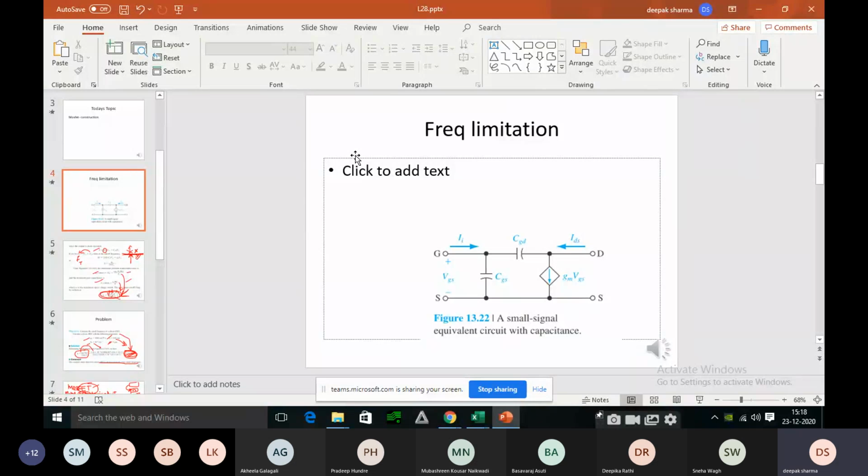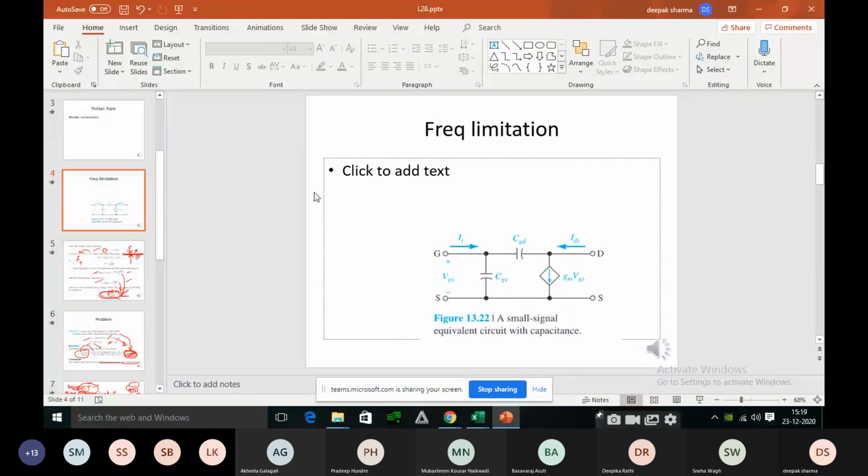How? If the charge carriers require more time to transit from source to drain, then the frequency will be lesser and lesser. That means the JFET will respond very slowly, right? It cannot take a signal of very high frequency.